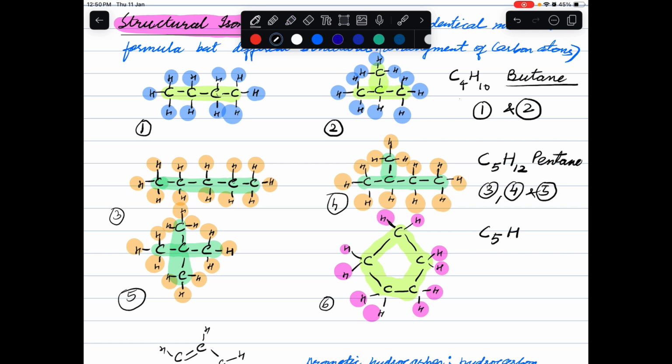Here hydrogen atoms are not 12, they are 10. So this is not a structural isomer of pentane and it has been given the name cyclopentane. Cyclopentane is not an isomer of pentane because the molecular formula is different.